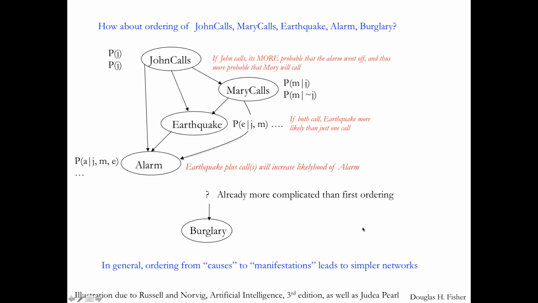That is because the causes induce conditional independence on the manifestations. If I tell you that I have the flu, there are certain symptoms associated with the flu, and knowing that I have the flu might render those various symptoms conditionally independent of each other, given knowledge that I have the flu or I don't have the flu.